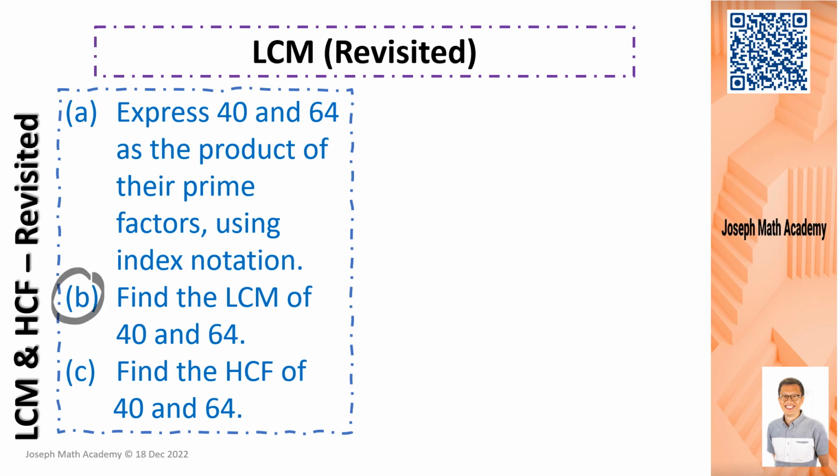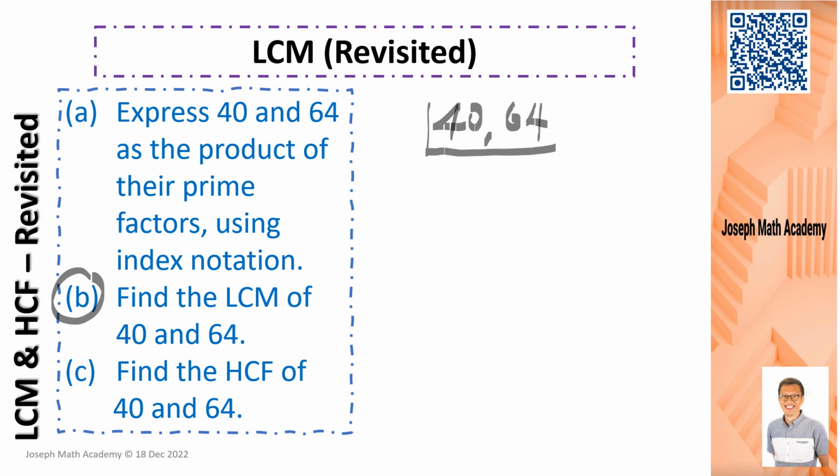Now to find the LCM of 40 and 64, we have to present both 40 and 64 together side by side using repeated division. They have to be put side by side because we want to find a common multiple. When it's a common multiple, it means we have to compare both at the same time.